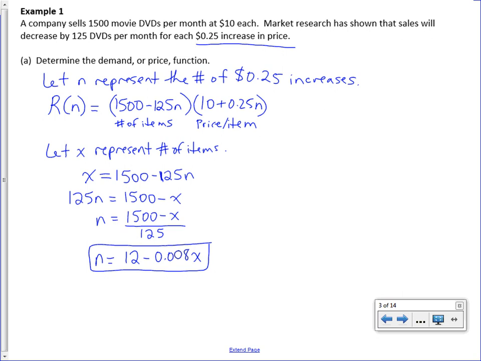Could I now find the price per item, this expression right here, in terms of X's? I can replace N with this, right? So the demand function, P at X, is going to be 10 plus 0.25, and then I'm going to replace N with 12 minus 0.008X.